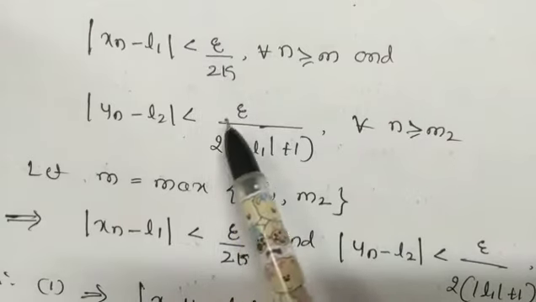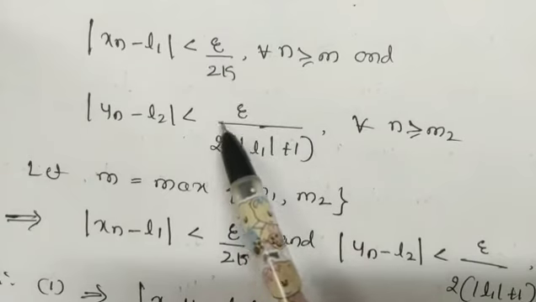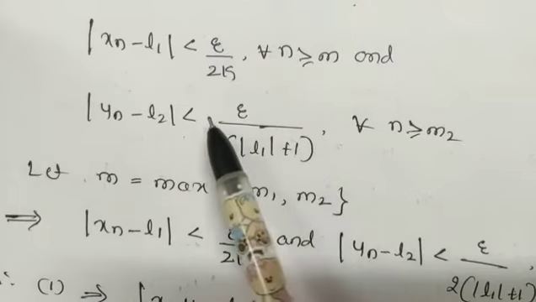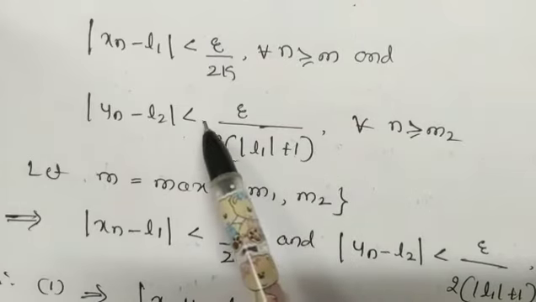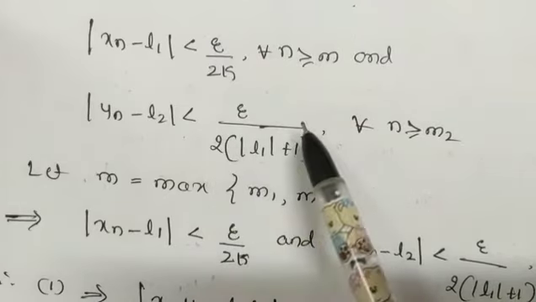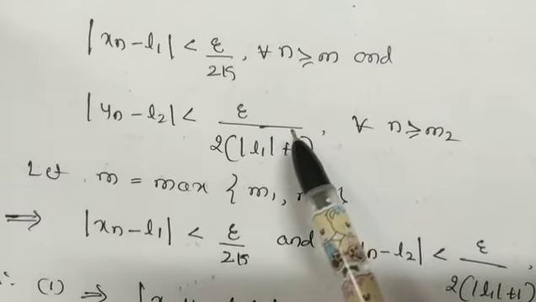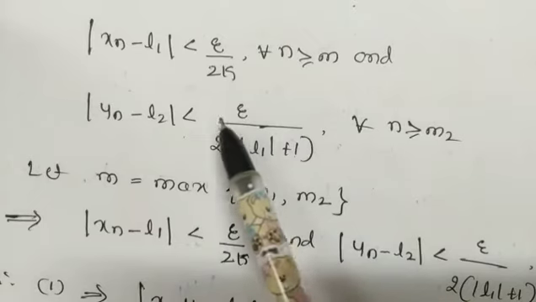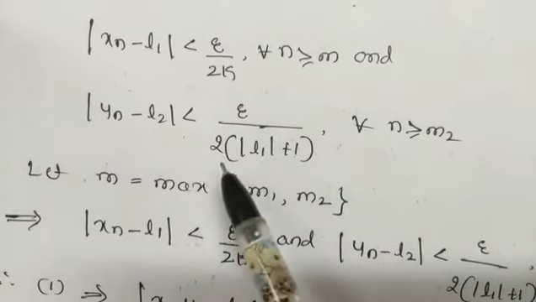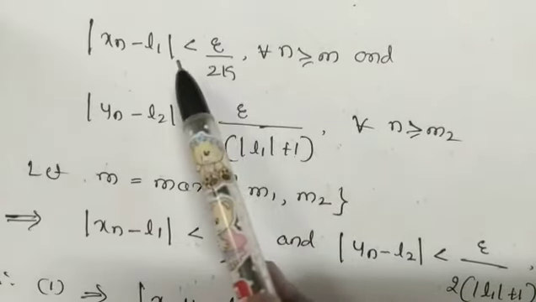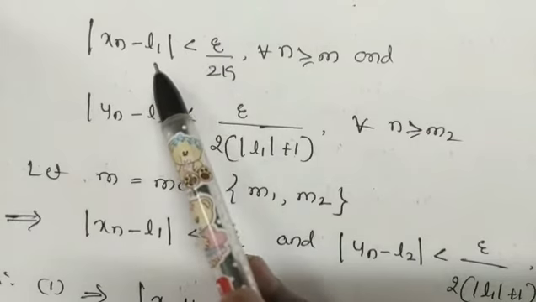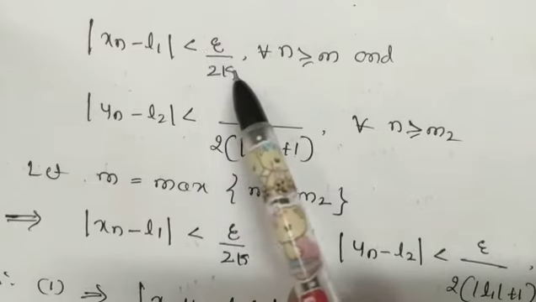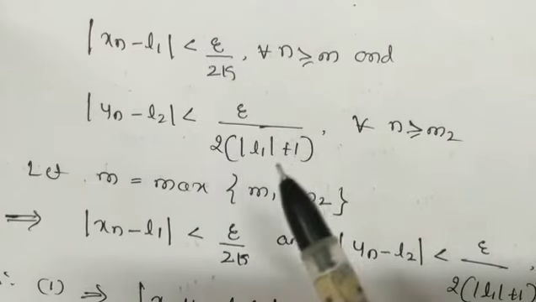So here we have mod L1 outside. To remove that mod L1 you have to divide by mod L1 plus 1, because mod L1 divided by mod L1 plus 1, that is, a divided by a plus 1, is always less than 1, no? So for that we can neglect this term and take only epsilon by 2. Similarly in the previous case we have mod k, so to remove k we have divided by k.